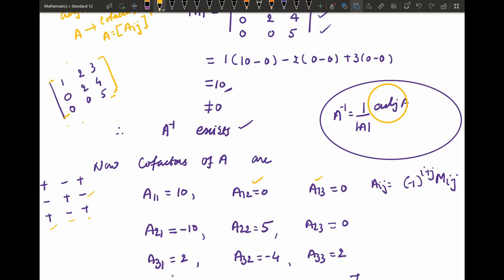Similarly A21 is the cofactor of this 0, so again you leave the column and row in which that entry lies. The 2 by 2 determinant formed by the remaining entries 2 3 0 5, its value is 10.